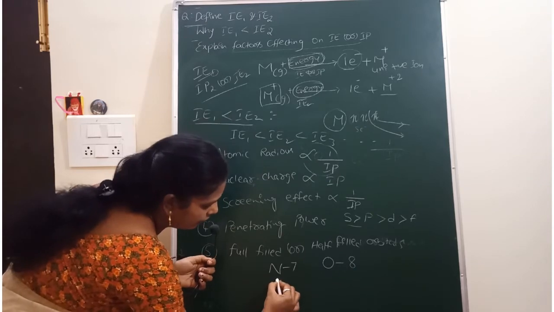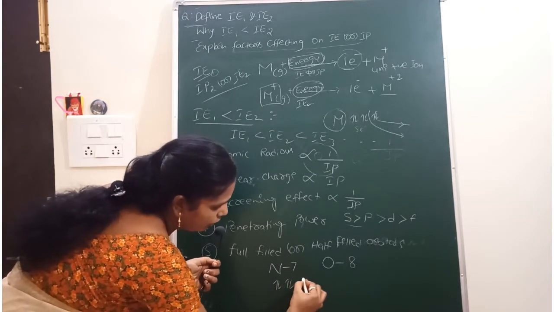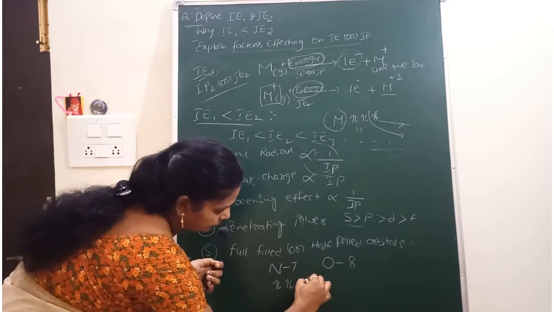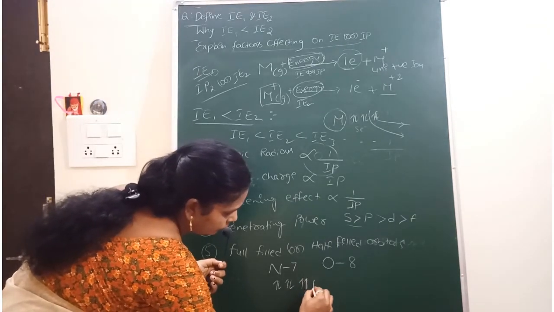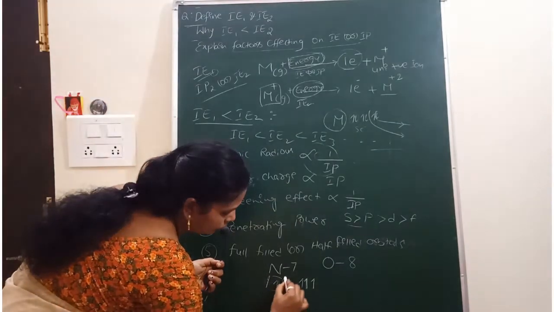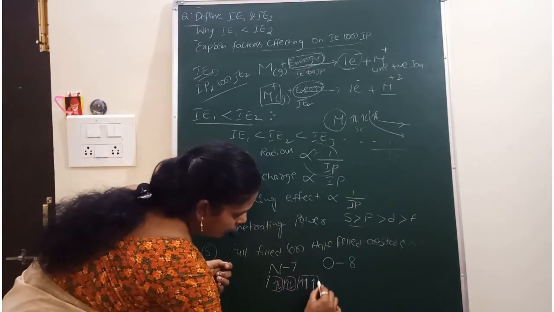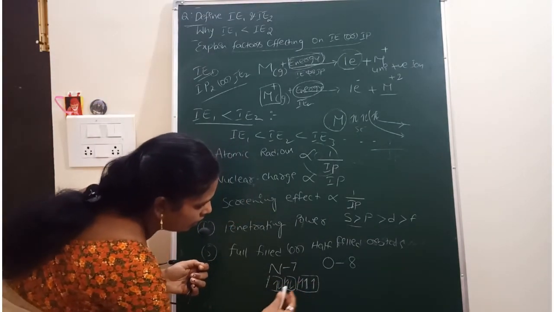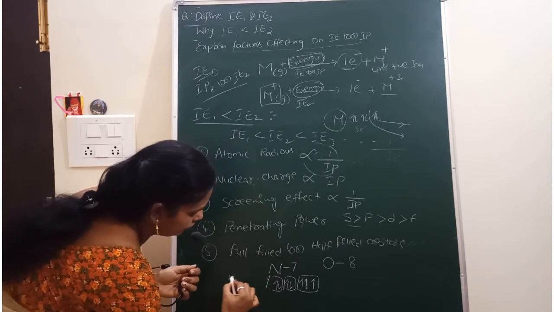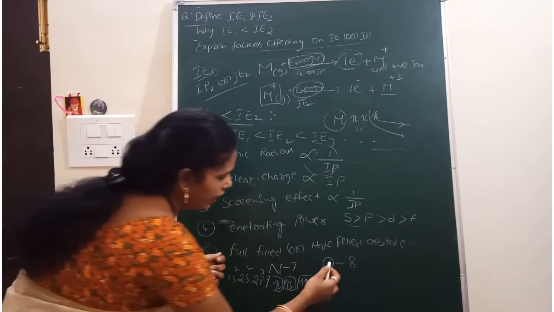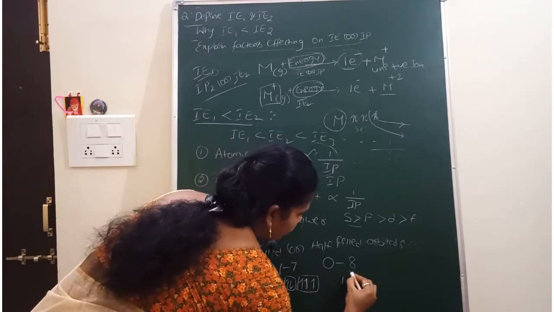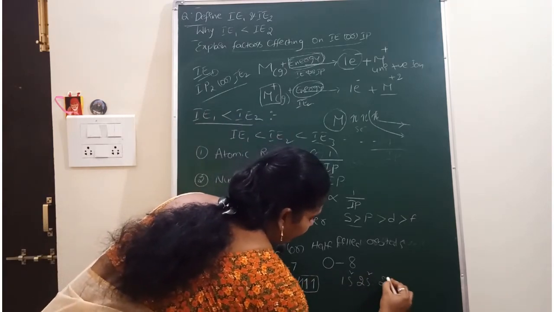The electronic configuration for nitrogen is 1s2 2s2 2p3, and for oxygen it is 1s2 2s2 2p4.